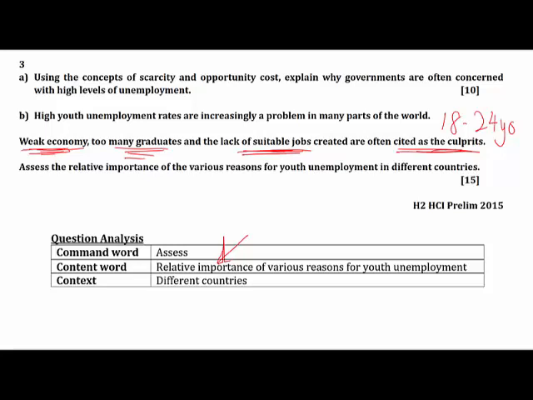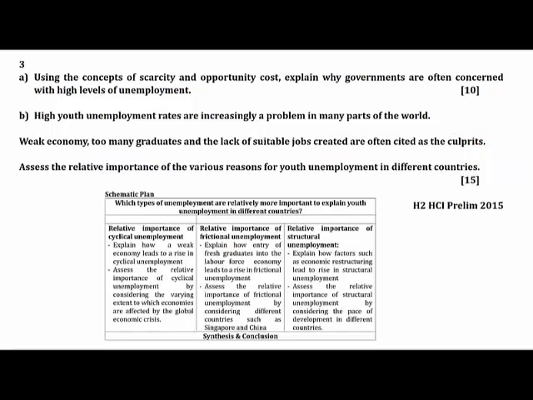So you probably have to look at various countries, not just Singapore alone. Probably look at European countries where youth unemployment is relatively high. You might want to look at other countries like China as well, to better understand and see which one is likely to be the more important reason for youth unemployment. That's at least what the question is asking you to do.